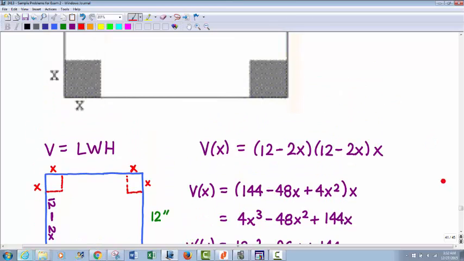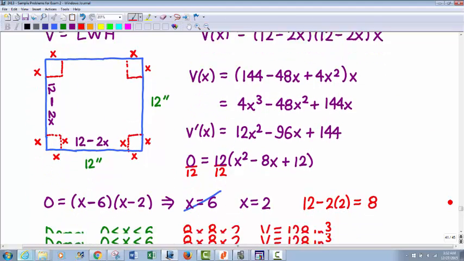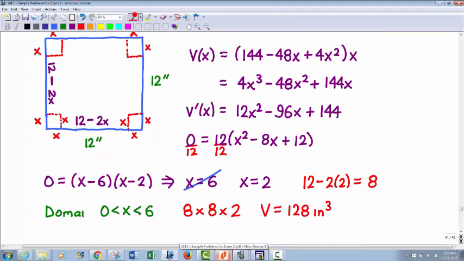One thing to keep in mind in this problem is that something got cut off here. I don't necessarily ask you to identify the domain, but I do want to mention this. I'm certain you would realize it has to be positive numbers.